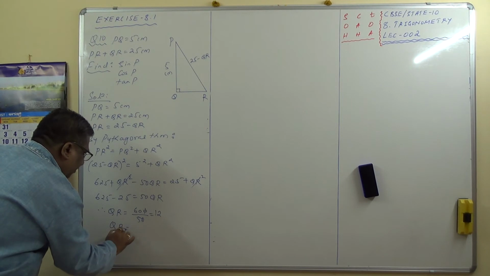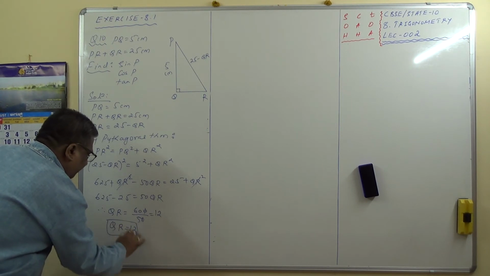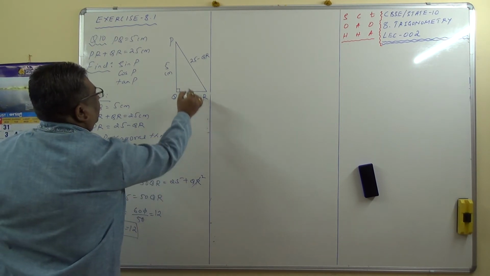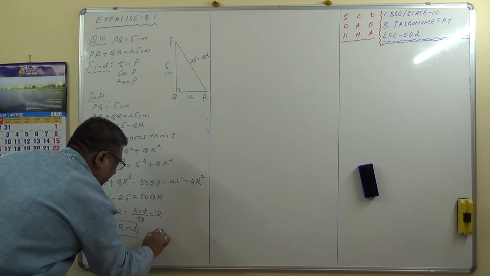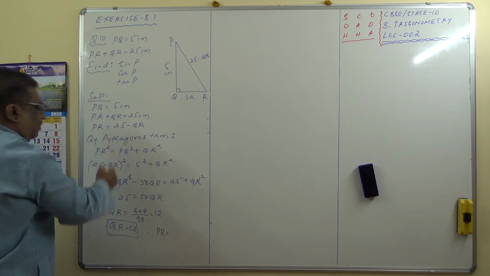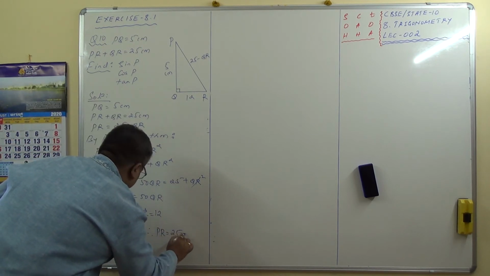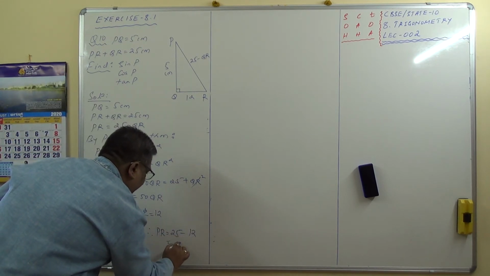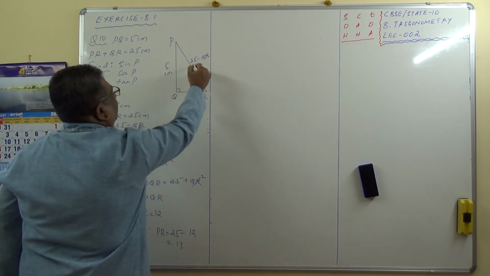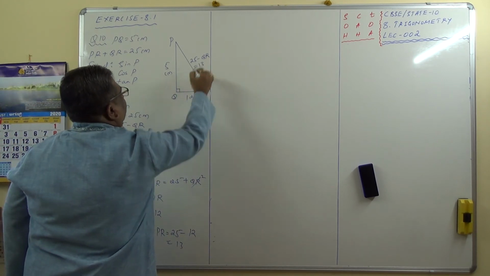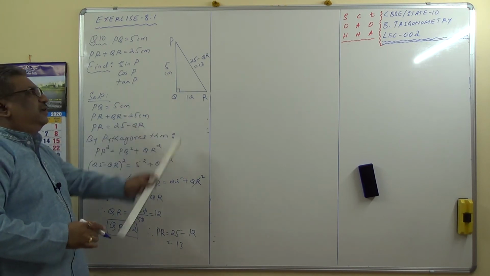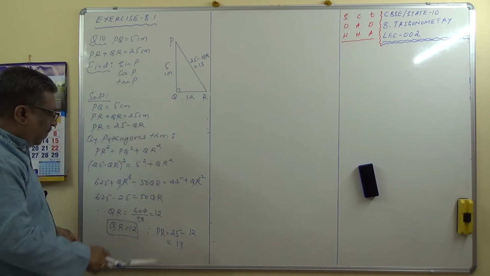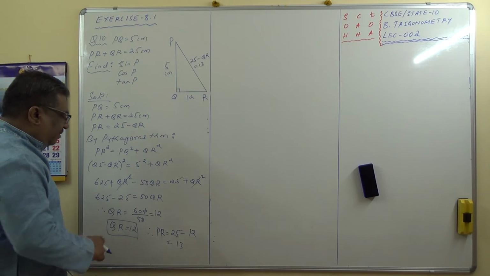Therefore QR equals 12, and therefore PR equals 25 minus QR, 25 minus 12, which is 13. So 5, 12, 13. It is correct because 5, 12 and 13 are the Pythagorean triplets. So we have found out PR equals 13.